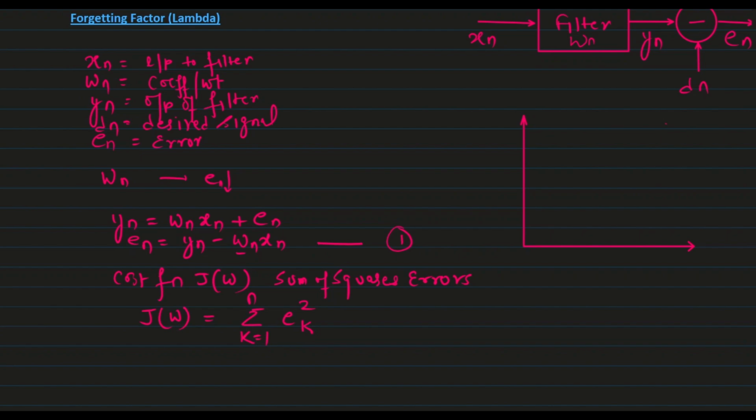So this is the sum of squares error. And actually if we expand this in the form of a series, this is how it will look. It is E1 square plus E2 square plus E3 square plus so on and so forth till En square.